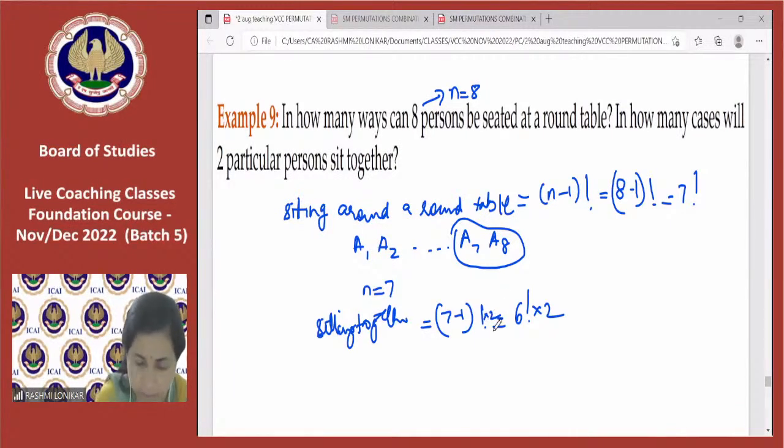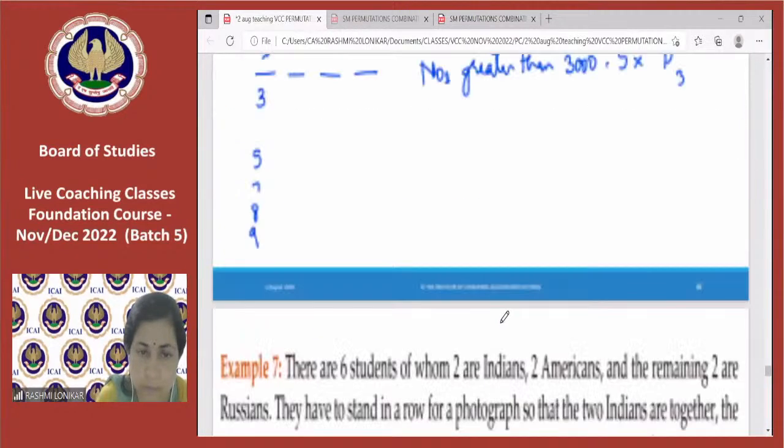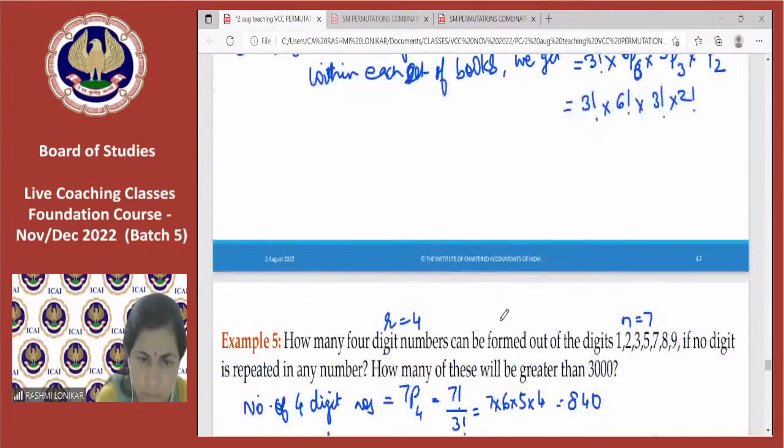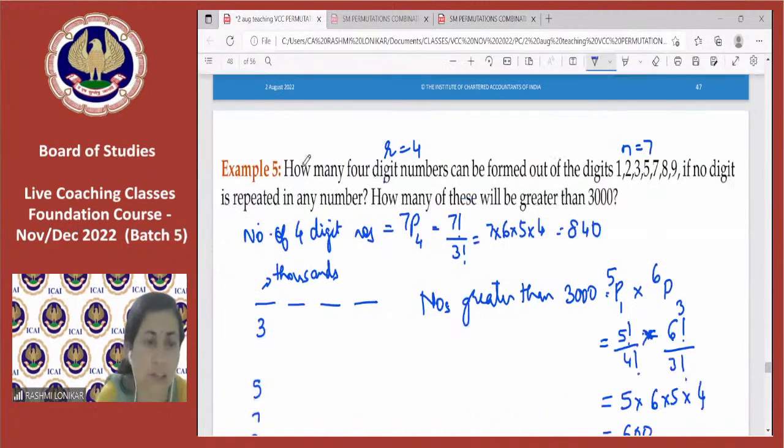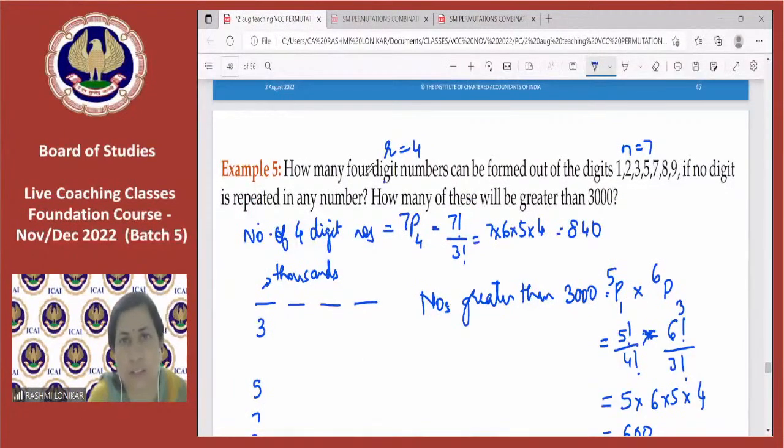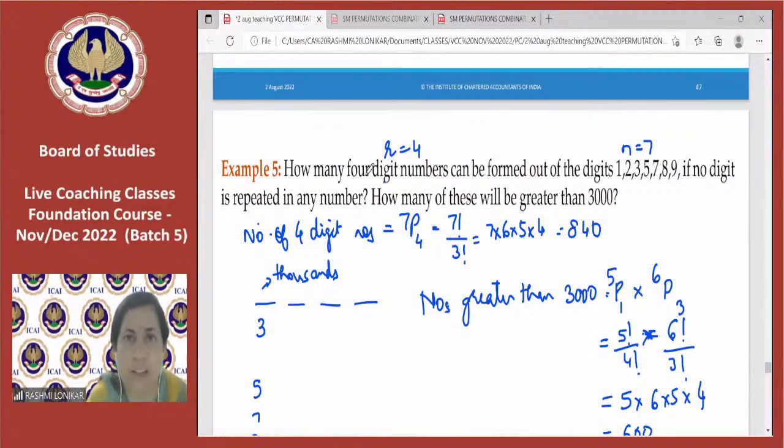Yes, Rahul, very good. Where 4 is not given, Bhargavi, Masum? No, here see, how many 4-digit numbers? 4-digit number means r is 4, right? So it is already given to you.